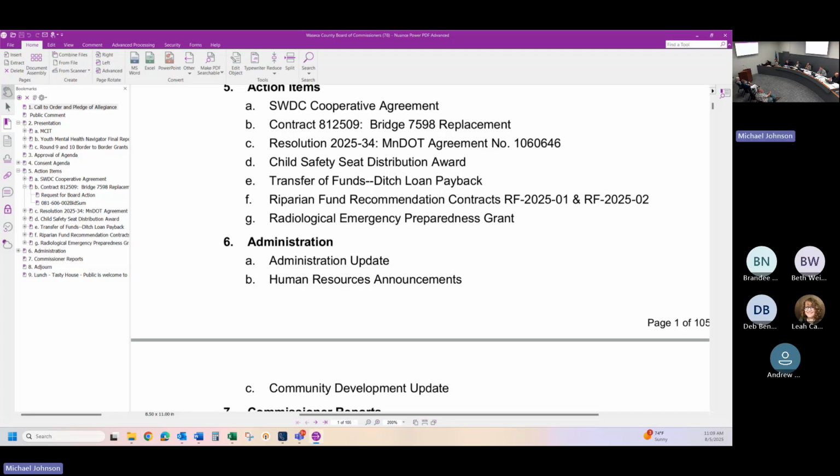Retirement on the 25th. 28th was 1 p.m. with Widseth here in the East Annex. 29th was scanner training at 11 a.m. Yesterday, I met with Michael and Commissioner Christopherson in Michael's office, 1 p.m., and we had a Widseth Teams meeting. And that brings us to today. Rosie?